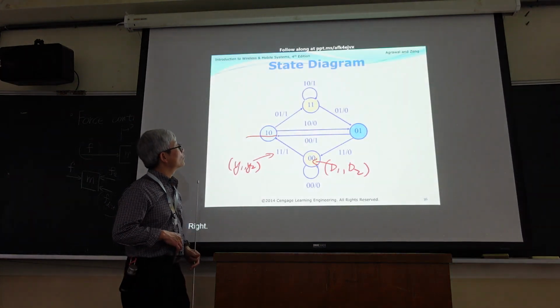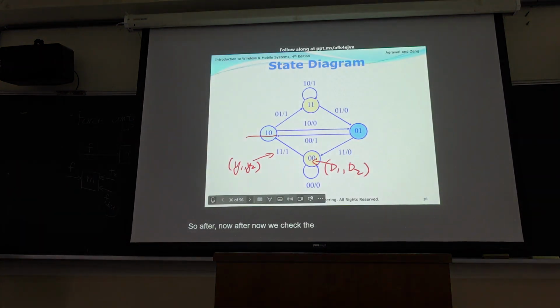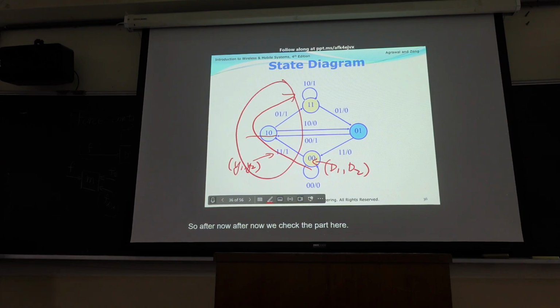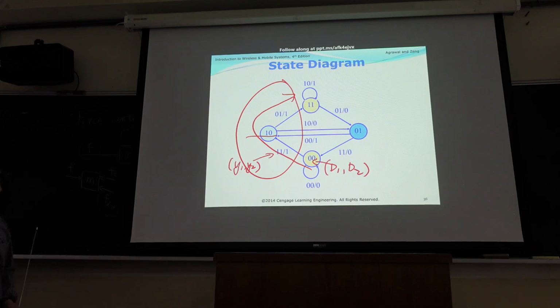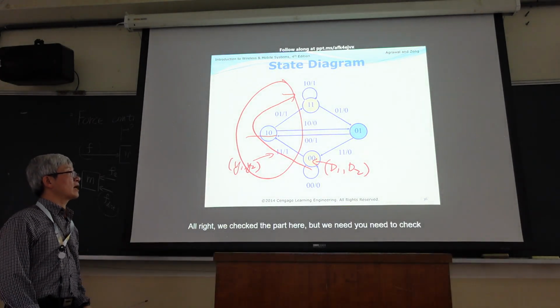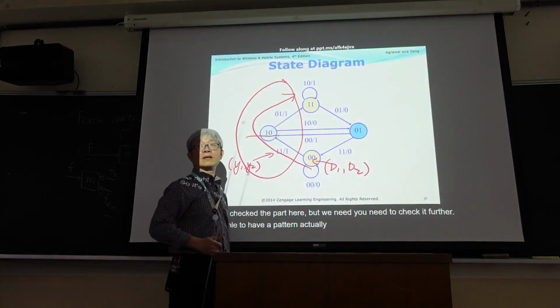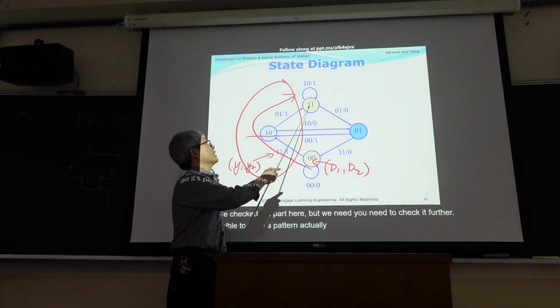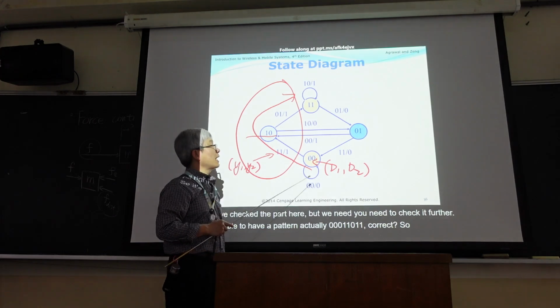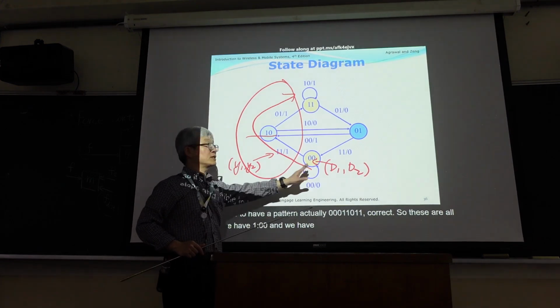Now, we check the path here. But you need to check it further. So it's possible to have a pattern actually 0, 0, 0, 1, 1, 0, 1, 1. Correct. So these are all steps. And we have 1 and we have a 0. But how about 0?